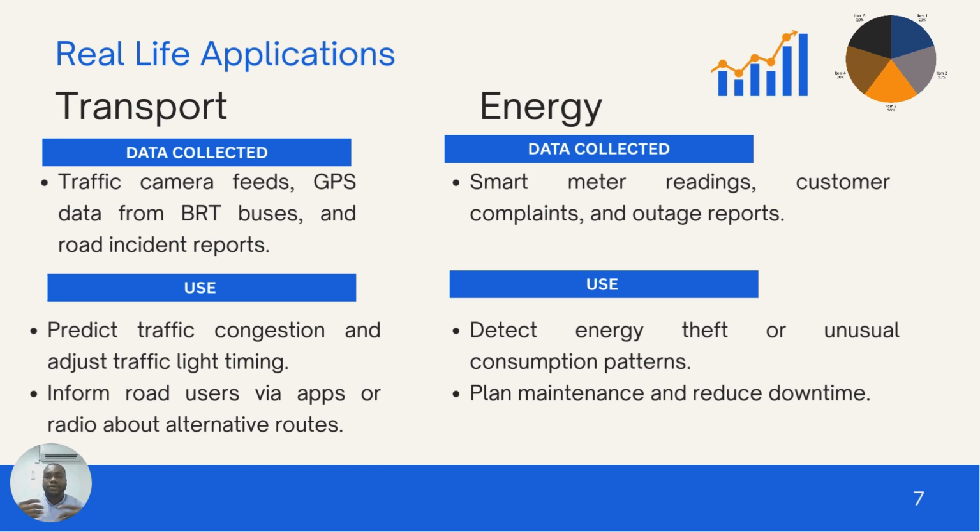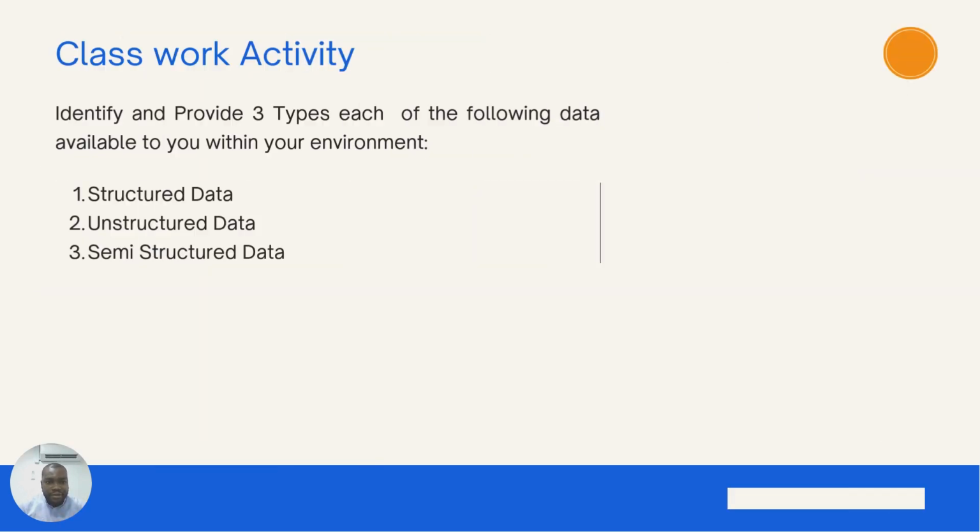And then we've covered a lot and seen how data has a huge impact on how businesses and organizations work, right? So this is basically our first class today, and I'm going to give us a very brief and short classwork activity.